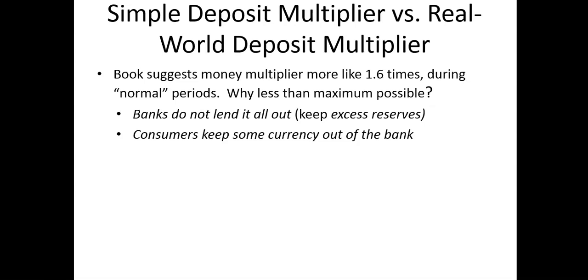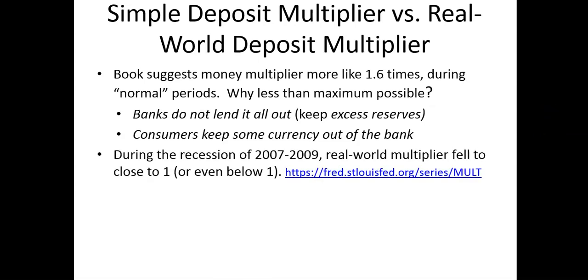And so there's less possible multiplication happening, and at each step along the way there could be less multiplication happening. Now, quote unquote normal times, 1.6. During the Great Recession, 2007 to 2009, the real world multiplier fell much closer to 1, i.e. not a lot of multiplication happening with the amount of theoretical money that could be created with this process.